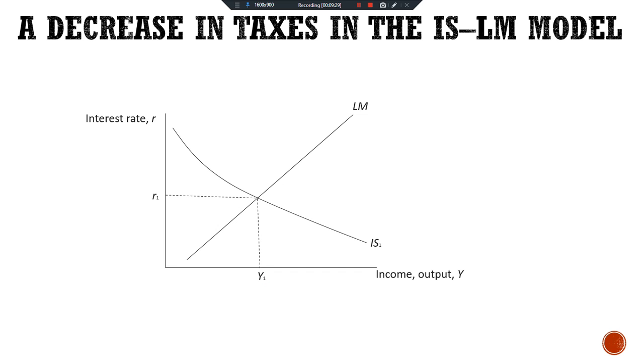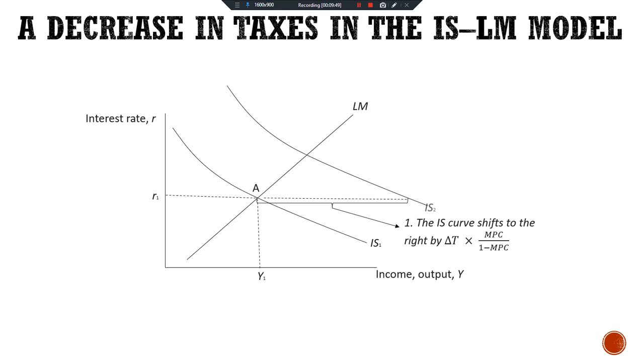A decrease in taxes shifts the IS curve to the right, so we have a shift in the IS curve by delta T times MPC over 1 minus MPC. So we have a new IS curve, IS2, and the intersection of the IS and LM curves decides the equilibrium income.